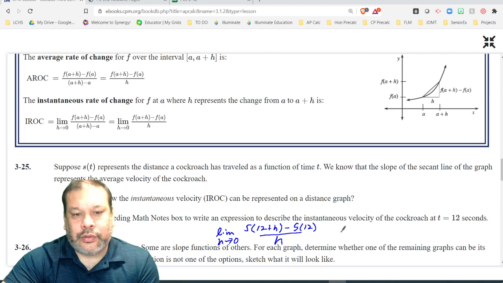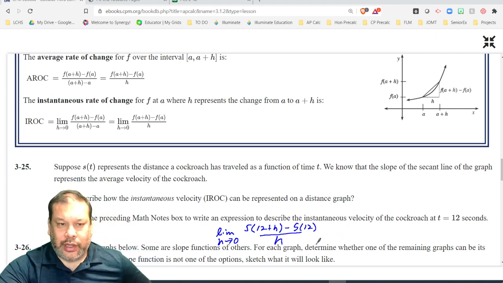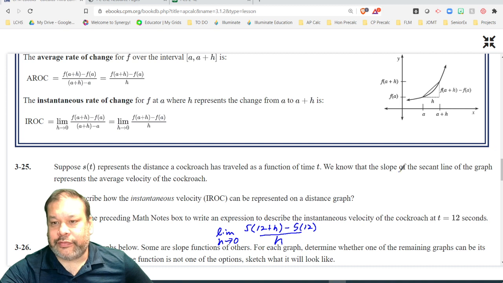That would give you the instantaneous rate of change at t equals 12 seconds.